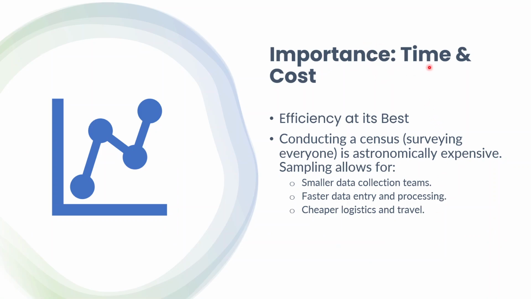So the importance in terms of time and cost, as I said, efficiency at its best. We will be able to take a sample and try to study. We will be able to save the time and the cost involved. So efficiency will be more. Conducting a census or surveying everyone is astronomically expensive.